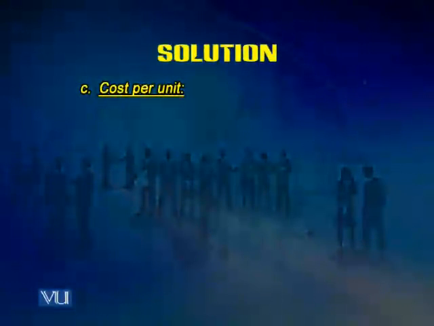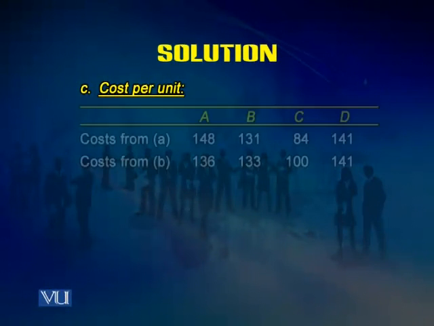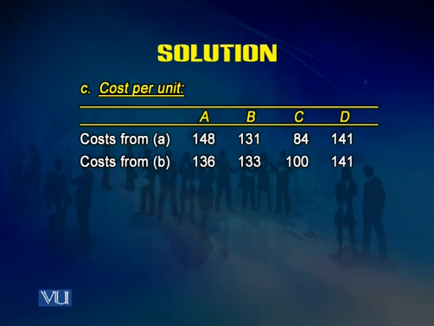Now we can compare for part C the costs arrived from part A and part B. And from this slide, we can see that the difference is in A, where the cost is 136 under activity-based and 148 under the traditional method.